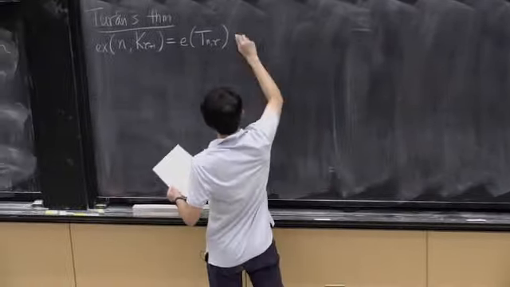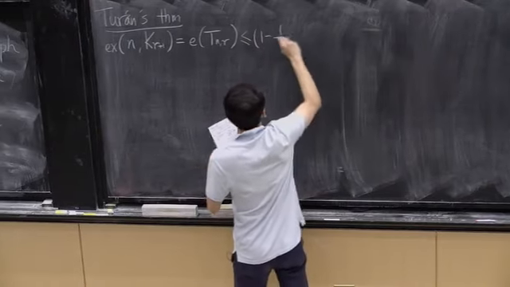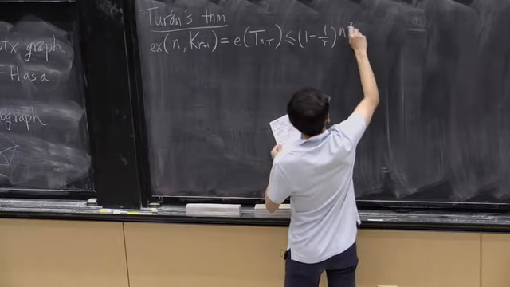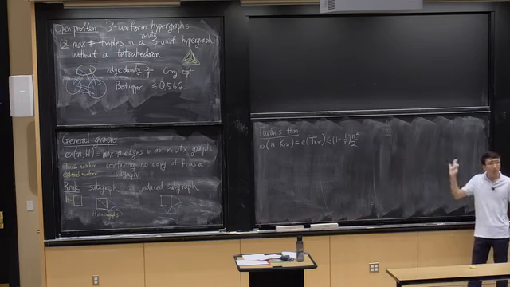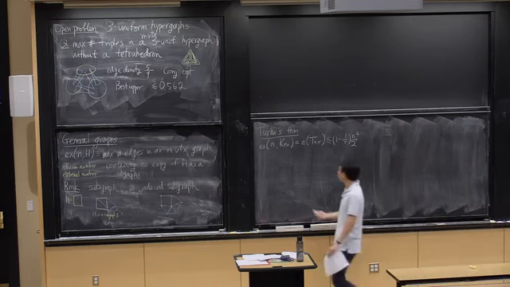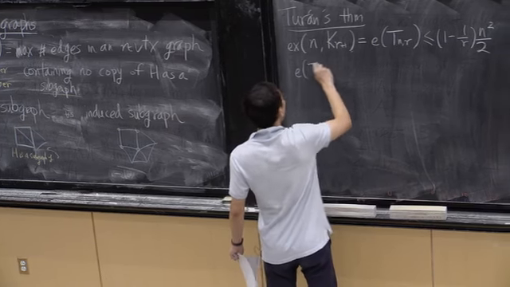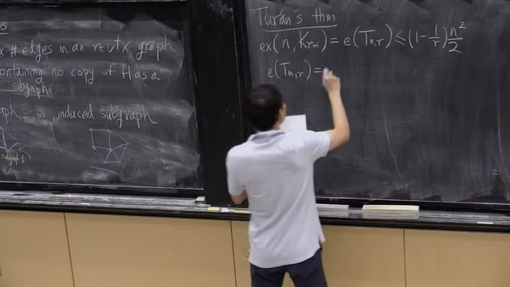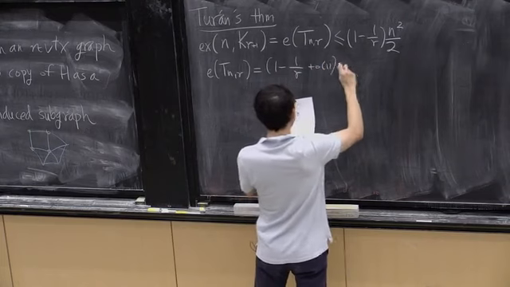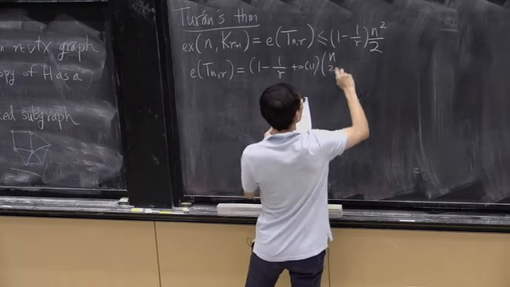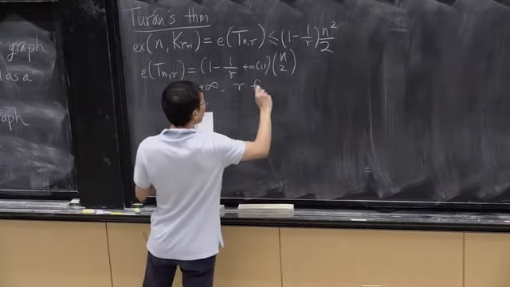In particular, we saw from the last proof, but also if you just do a calculation, that it is at most this quantity over here, and it's basically that quantity. The number of edges in this Turán graph is asymptotically that quantity up to a lower order error if you let n go to infinity for r fixed.